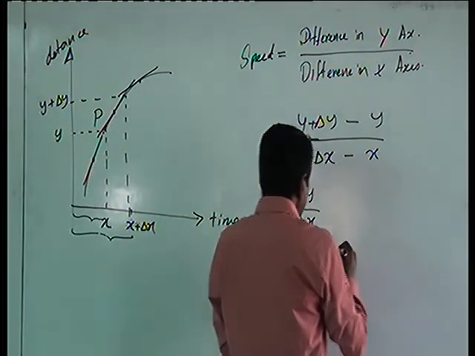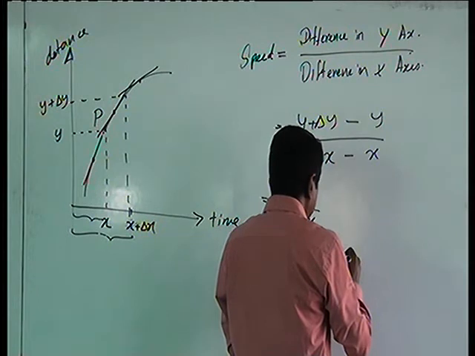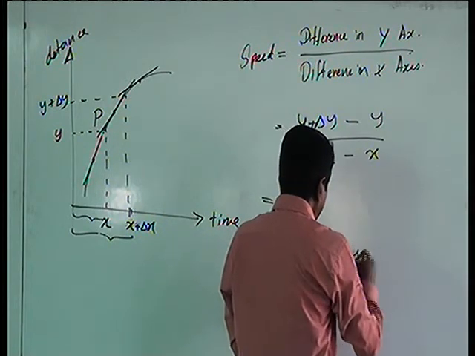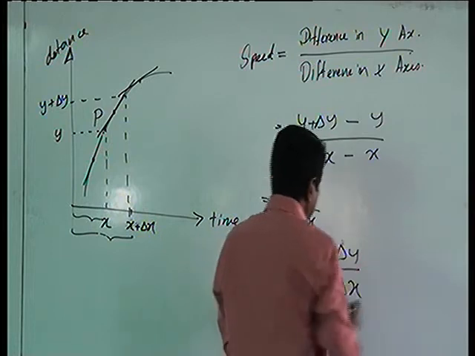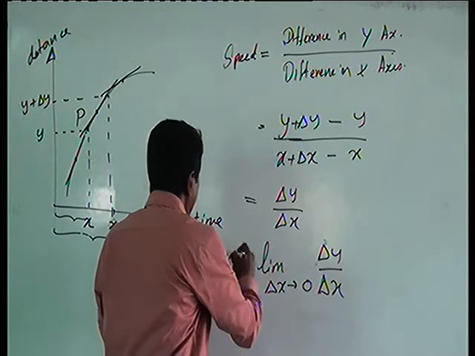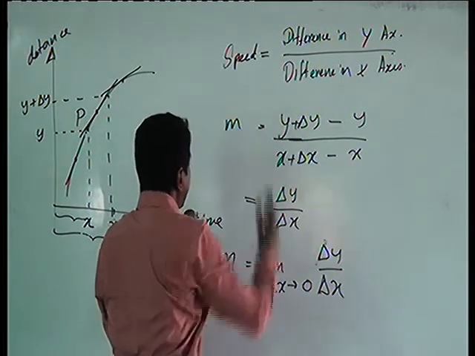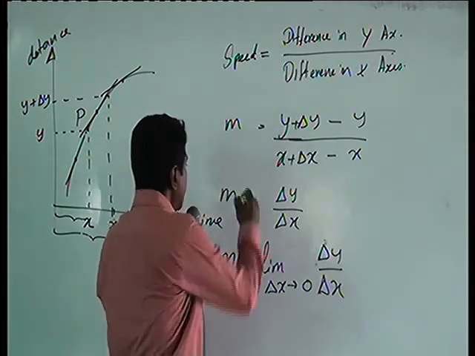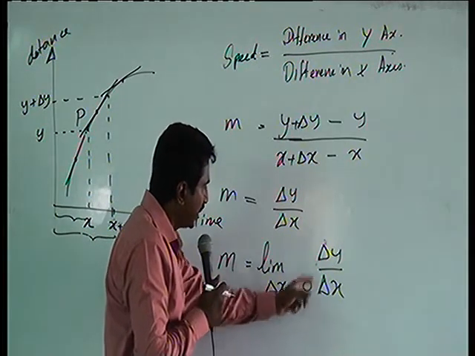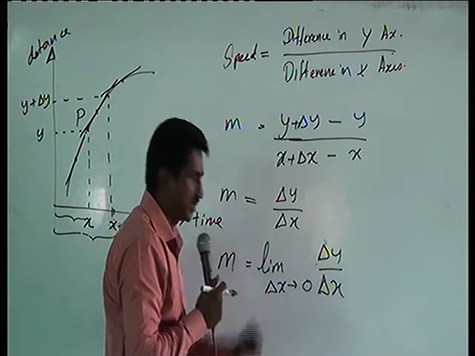Then what happens? Delta y divided by delta x, right? So this is the gradient. We'll denote it by m. The notation for the gradient is m. So m is equal to the limit as delta x goes to 0 of delta y divided by delta x.